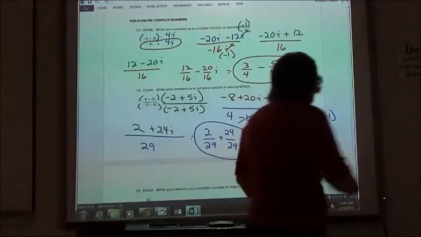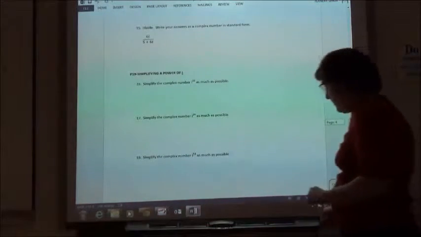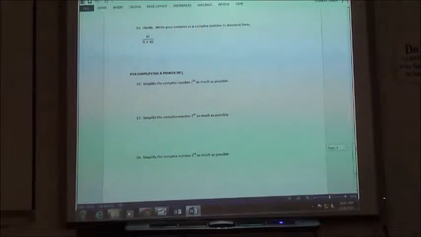And number 15 here. We want to simplify that fraction. We've got 5 plus 6i down on the bottom. What should we multiply by?